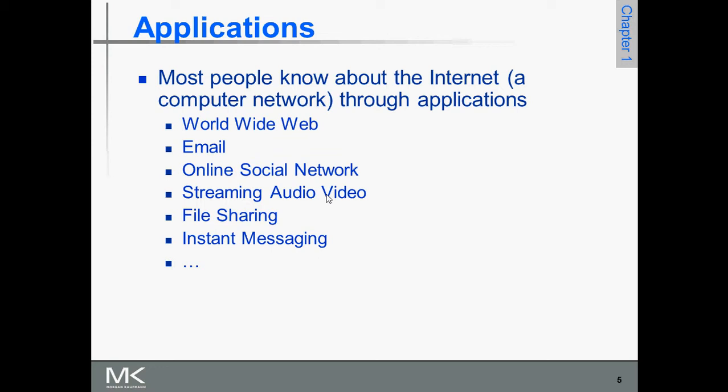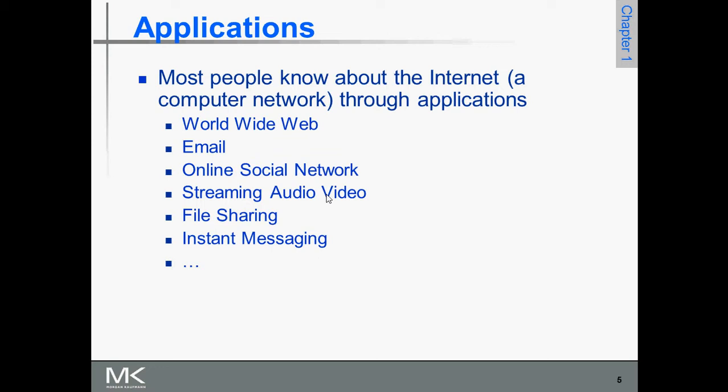Now, the third class of application is real world audio and video applications. So what are real world audio and video applications? The best example is Skype today. Skype is a real world audio and video application. Now, what is the difference between streaming audio and video and real world audio and video?